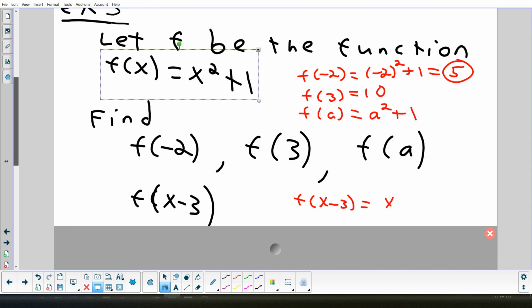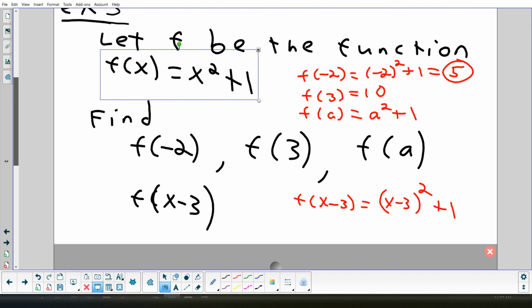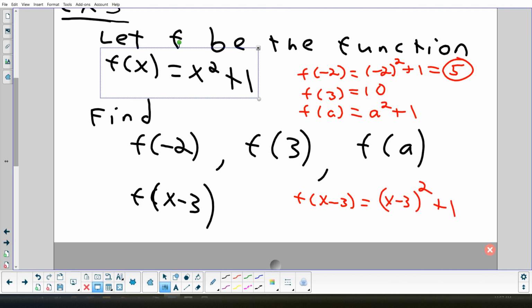let's write it first and then be careful. x minus 3 squared, and then times it again, because you squared both. Remember, this involves FOILing. Uh-oh, right?